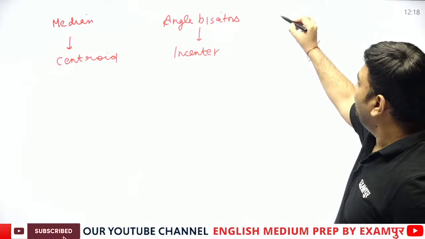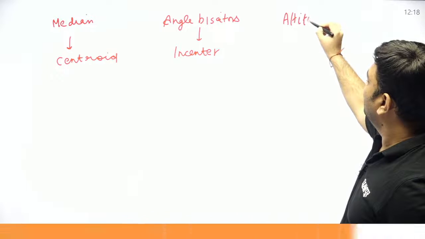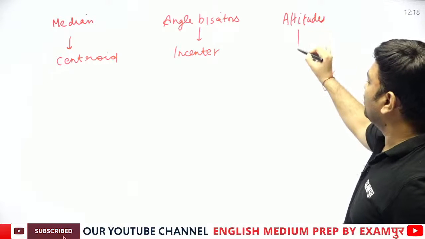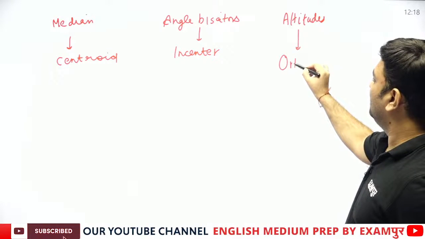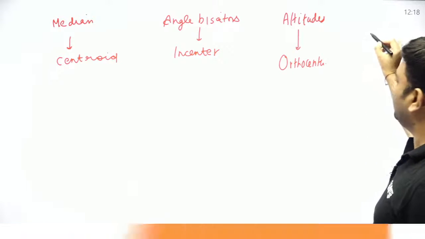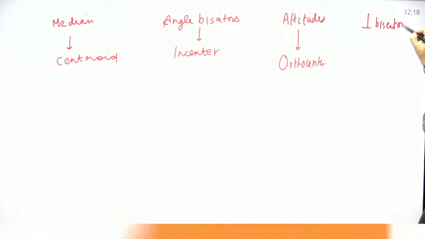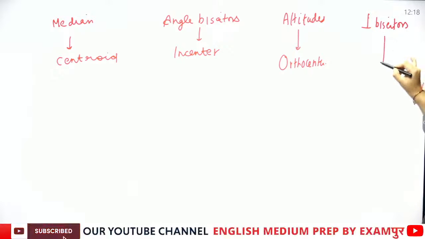Corresponding to altitudes, there is orthocenter. And corresponding to perpendicular bisectors, there is circumcenter.